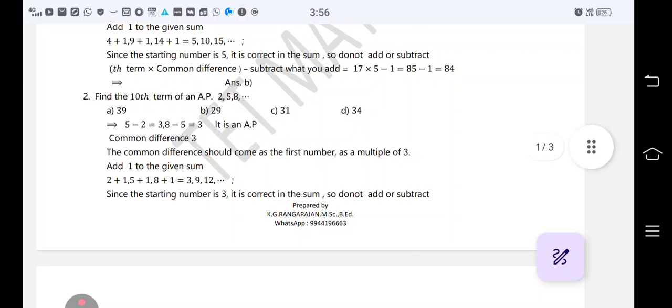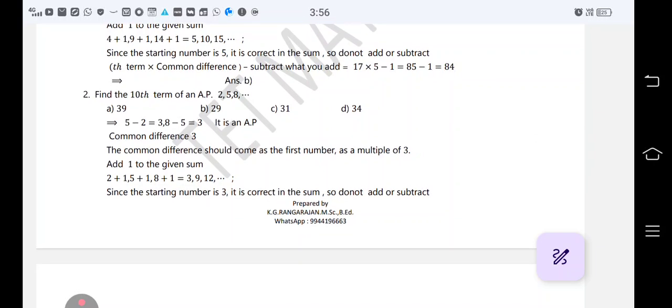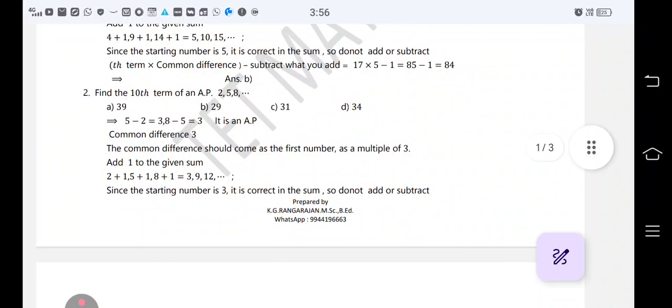For that, second term minus first term is equal to third term minus second term. Here 2, 5, 8. Therefore, 5 minus 2 equals 8 minus 5. That is 3 equals 3. Therefore, definitely the given sum is in AP. The common difference is 3.